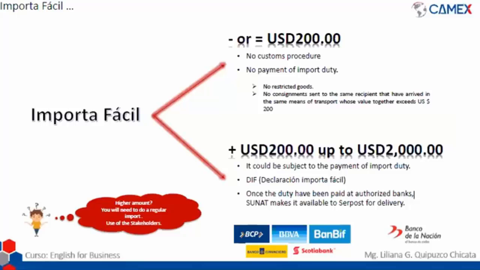Or you can use EMS. EMS is a kind of postal service also, that will take a couple of weeks, let's say. As a last resort, you can use couriers, which will not be Importa Fácil. It will be via a courier, which has another kind of procedure. And couriers are going to charge you more. Let's say a Serpost shipment with a tracking code can cost you $3 or $4 for just the shipment.